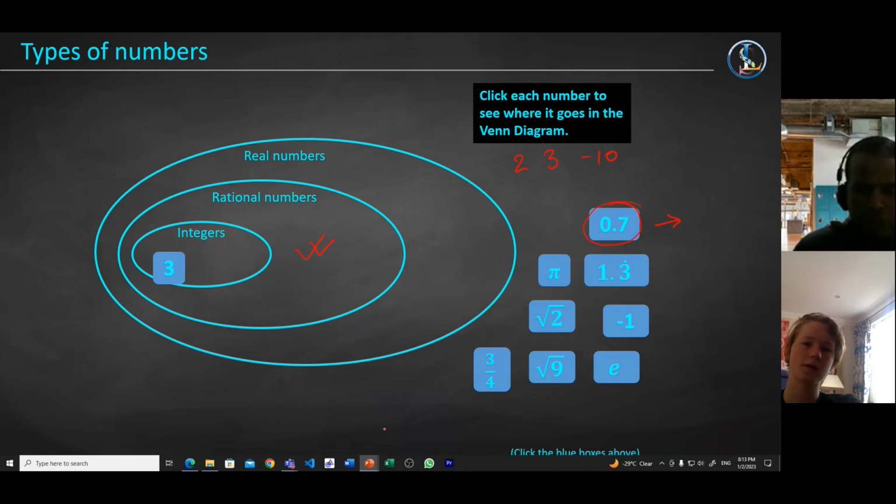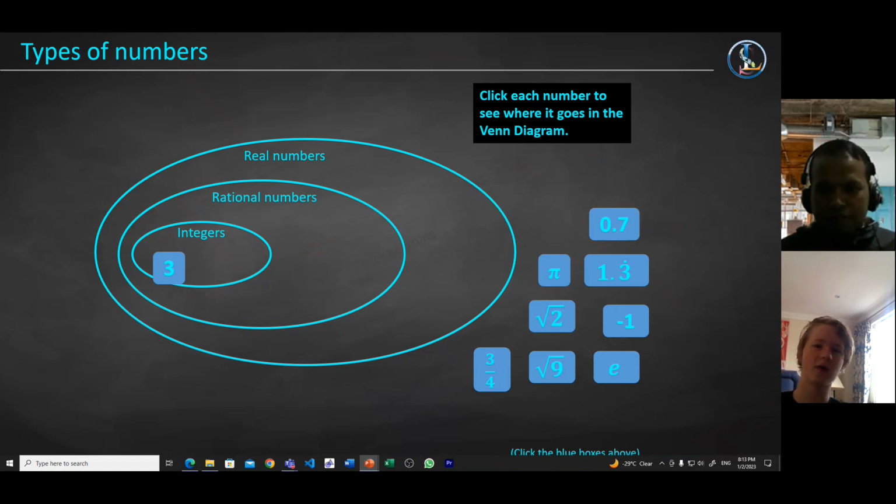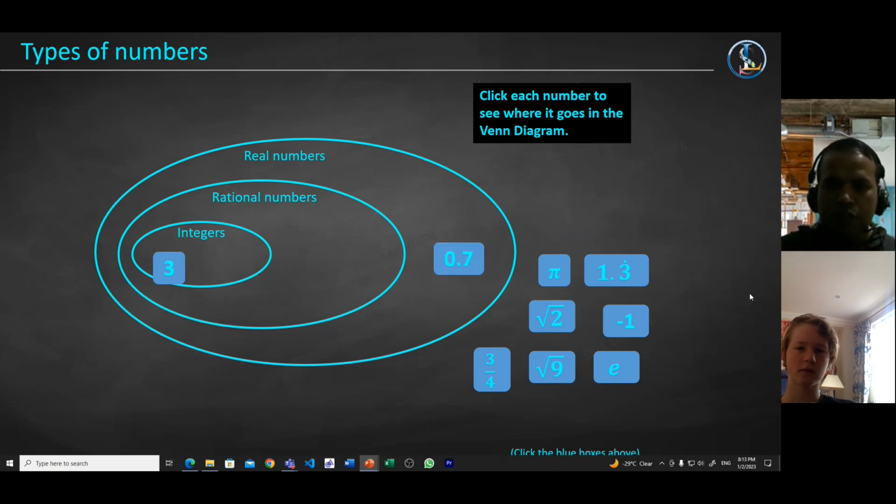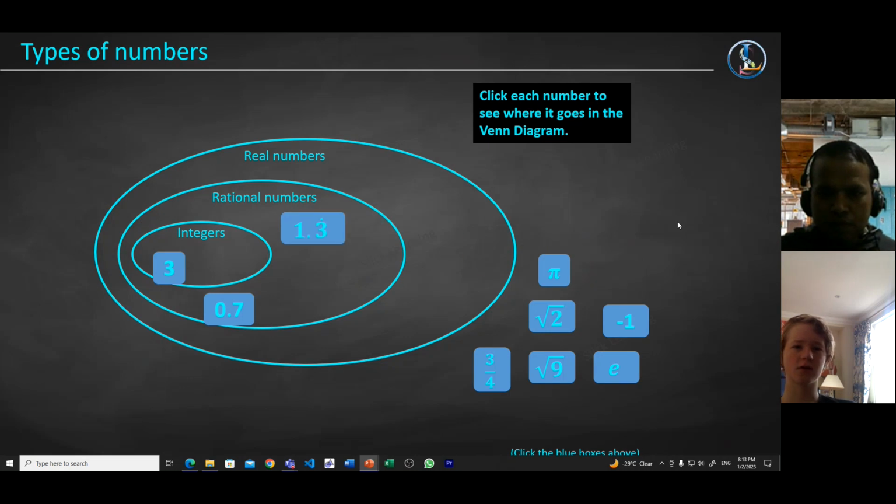Here, 0.7, rational number would be the best for it. Yeah, that's right. Very good. How about 1.3 recurring? That would also be a rational number. And -1 would be an integer.